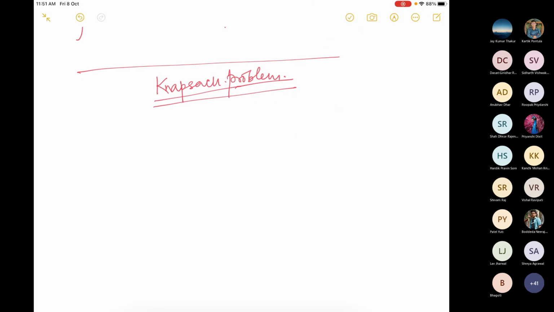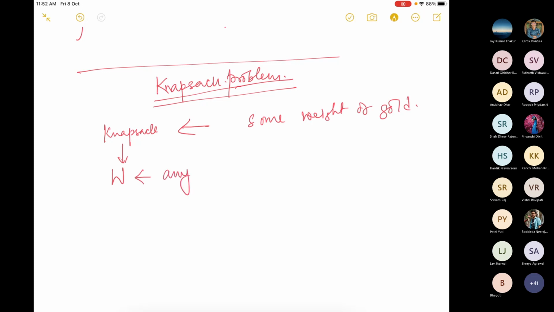Suppose you have broken into a gold store and you have a knapsack with you, which can carry some weight of gold. But the knapsack can carry a maximum weight, say W. And if you put anything above W, the knapsack will break.